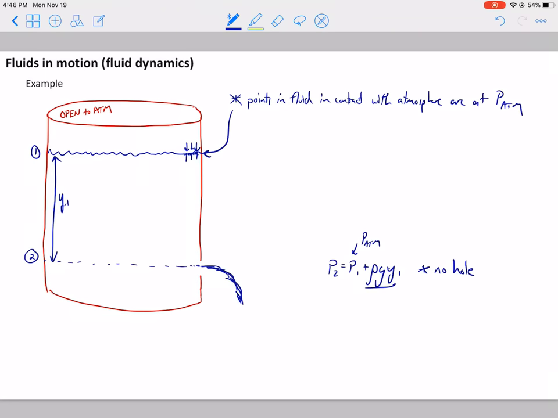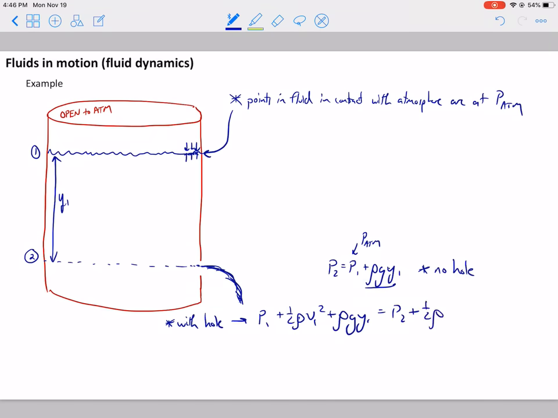So let's see what happens now if I have a hole. So with a hole, we could use Bernoulli's equation. P1 plus 1/2 rho V1 squared plus rho g y1 equals P2 plus 1/2 rho V2 squared plus rho g y2.